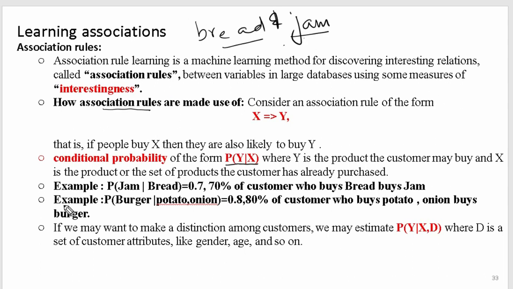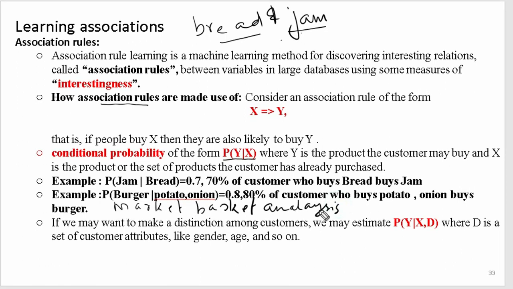See example 2. P(burger | potato, onion) = 0.8. That means 80% of customers who buy potato and onion buy a burger. Now, it's basically used in market basket analysis, which enables cross-selling. That is, knowledge of such rules can be used for promotional pricing or product placement in the supermarket.